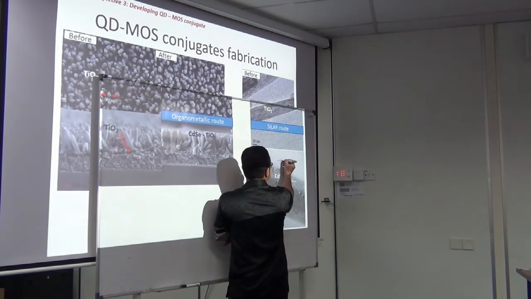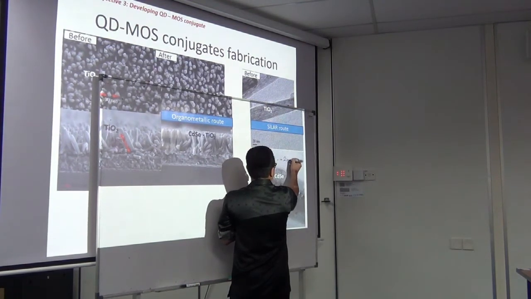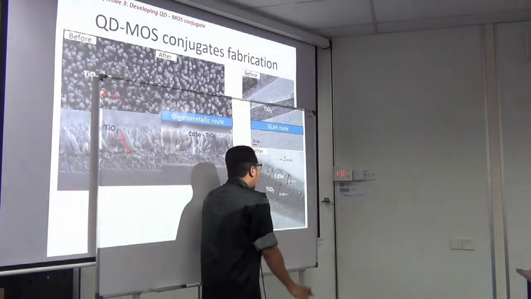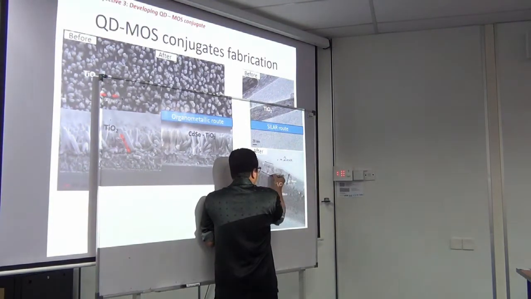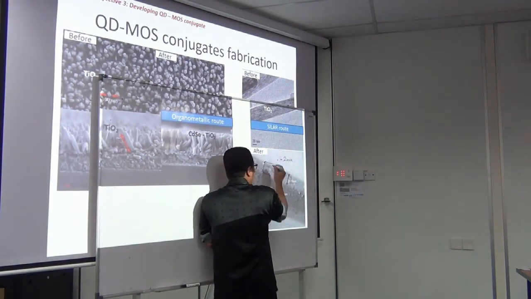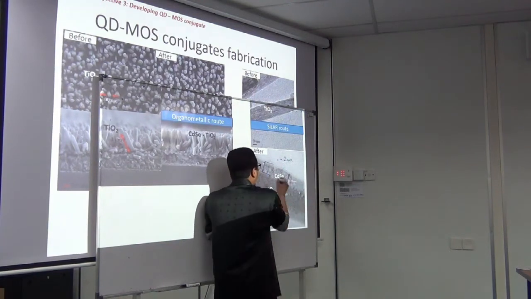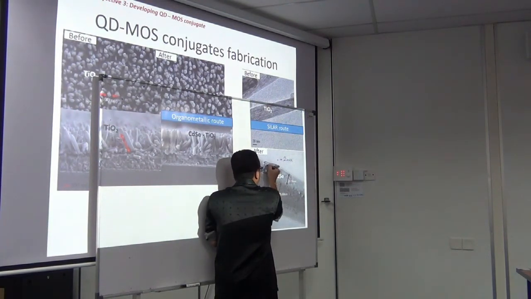This is about 2 nanometer. And this thick CdSe material is actually made out of very small dots of our quantum dots.